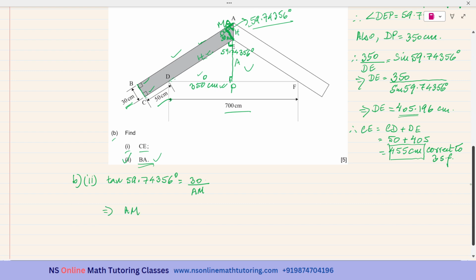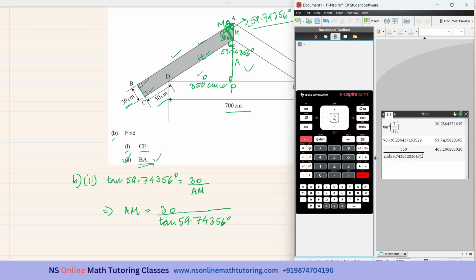EM is equal to 30 over tan 59.74356 degrees, and we can use the calculator.